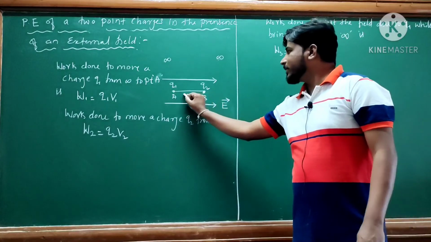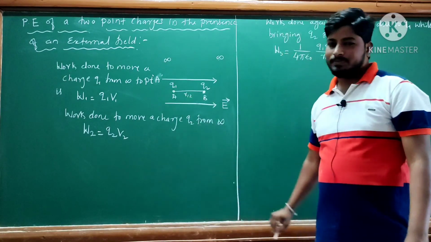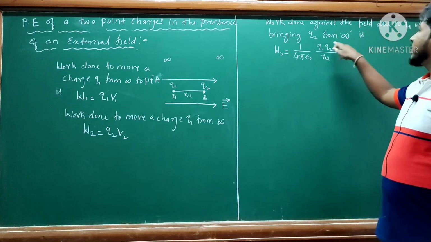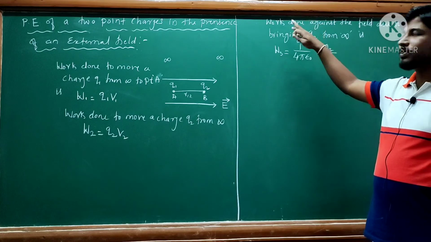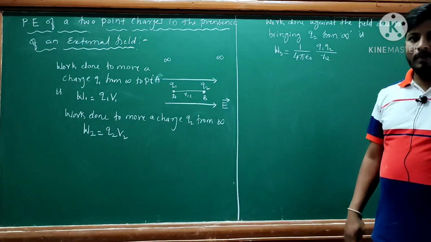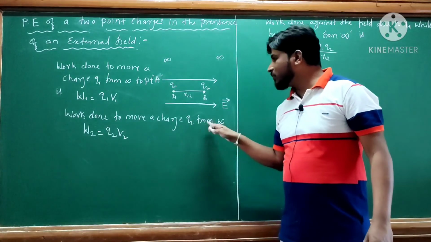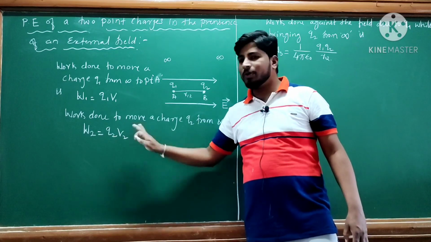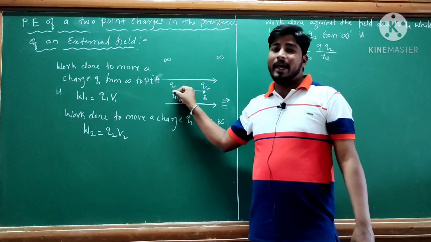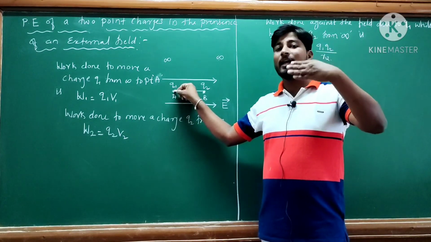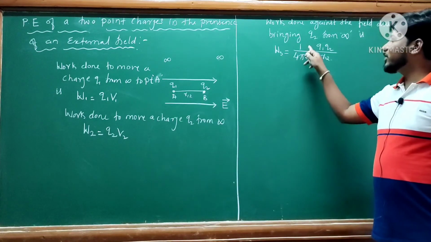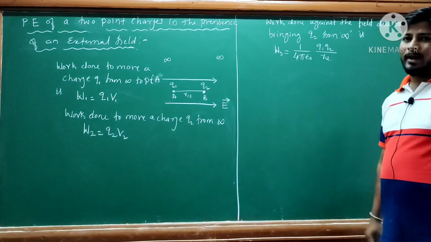This is the distance between these two charges, R12. We know that work done to move a charge Q2 from infinity is given by W2 is equal to Q2 into V2. This is done, but there is already a charge Q1, and we have to do the work against this electric field also. So that is given by W3 is equal to 1 by 4 pi epsilon naught Q1 Q2 by R12.